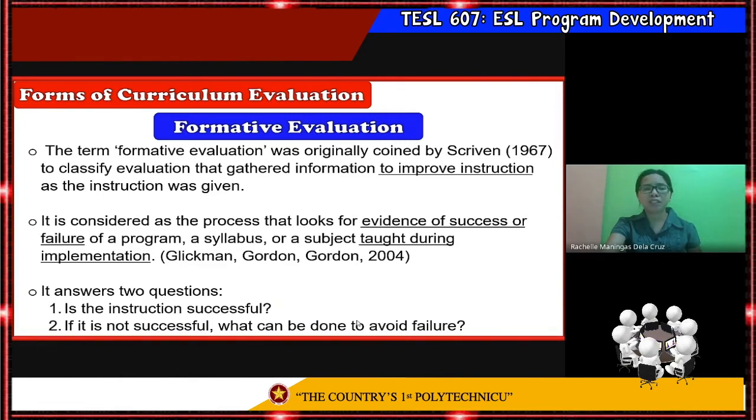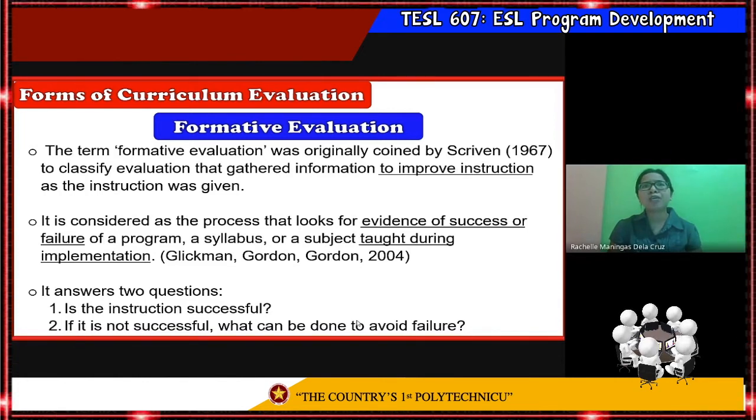That's according to Glickman, Gordon, 2004. And it answers two questions. So, is the instruction successful? If it's not successful, what can be done to avoid failure? So determining the success or failure of the curriculum is the utmost concern of the curriculum evaluation in education.